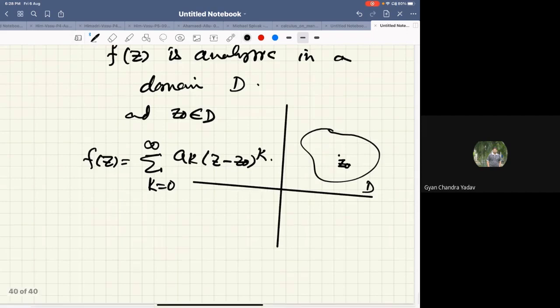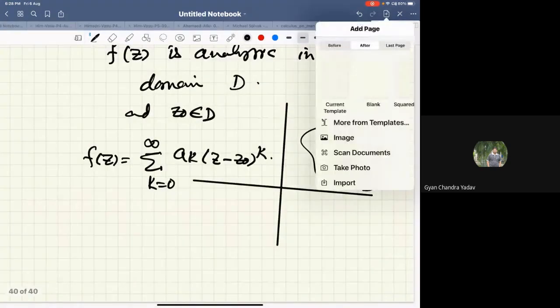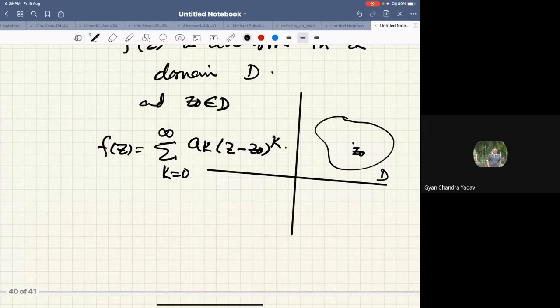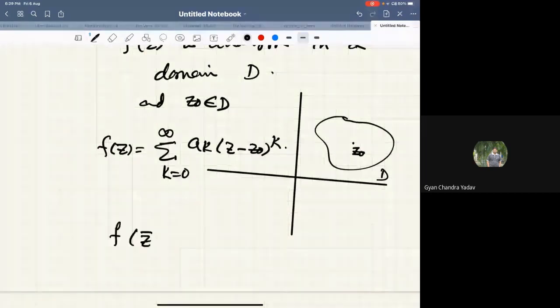So what I'm saying is that f of z bar, whole bar, is analytic. That's what I want to say.